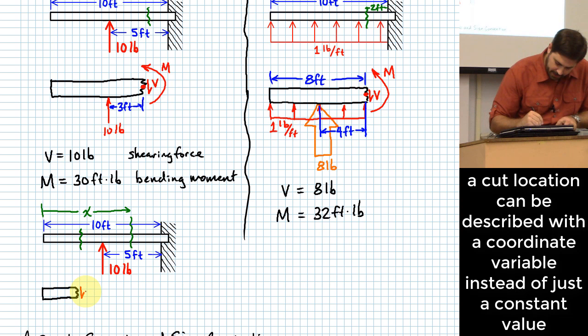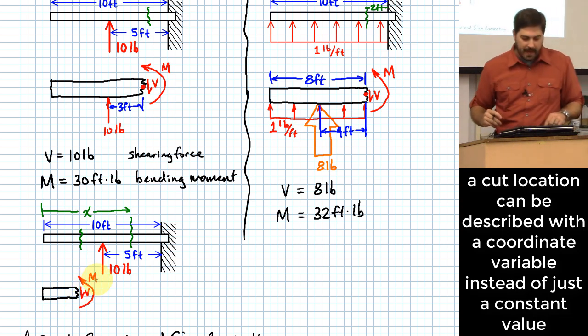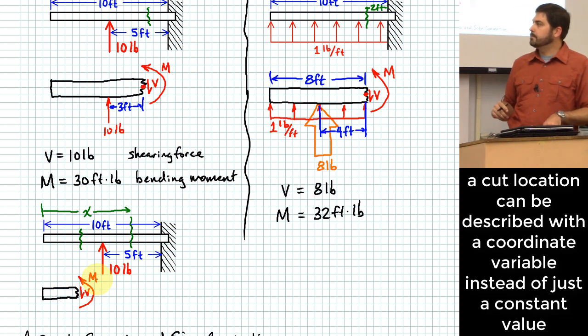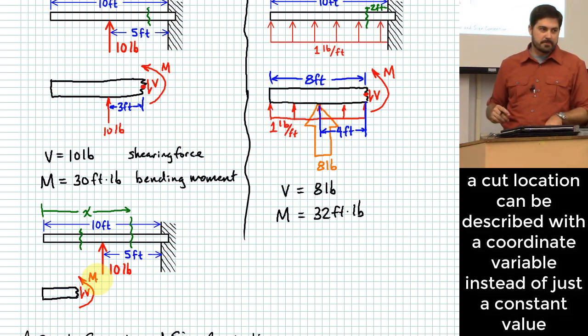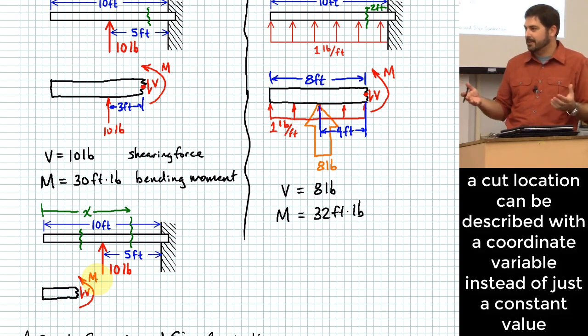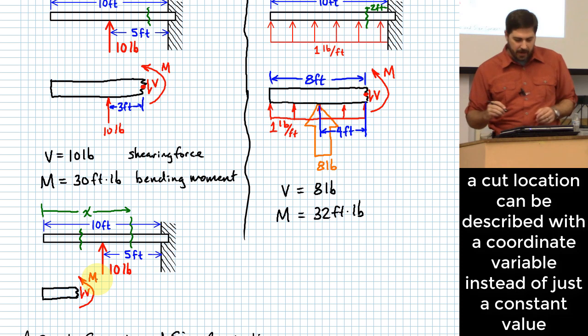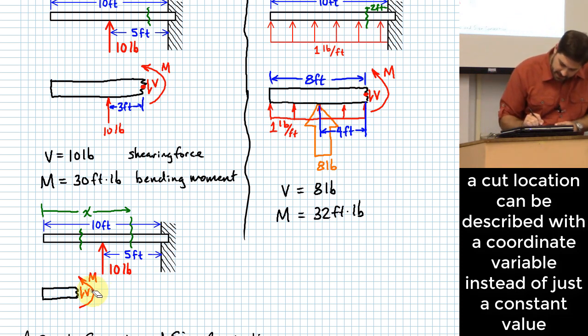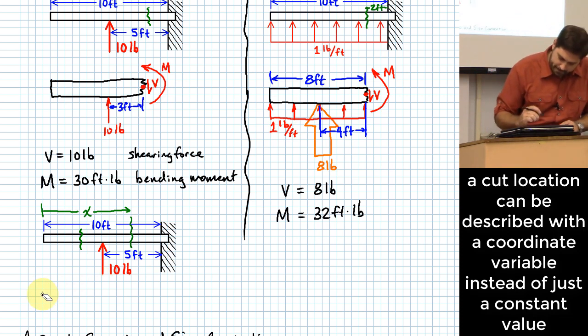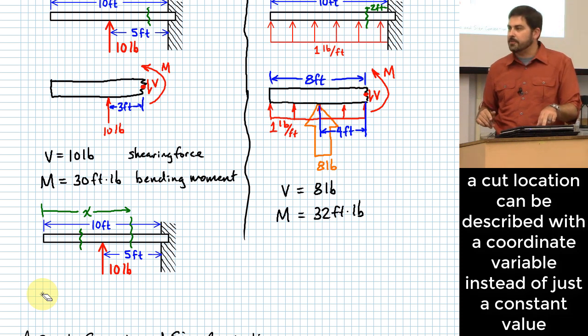I put a V on here. I put maybe an M. That would be my diagram with no other applied loads. So what are V and M? 0. There's no loads for it to be carrying out there, as long as we're neglecting self-weight and that kind of stuff. Okay, great. What if x is between 5 and 10 feet?